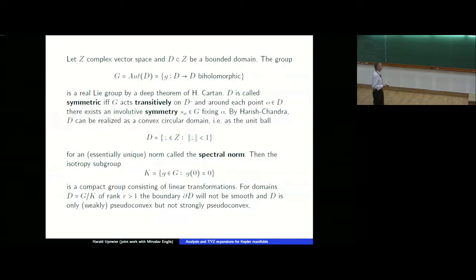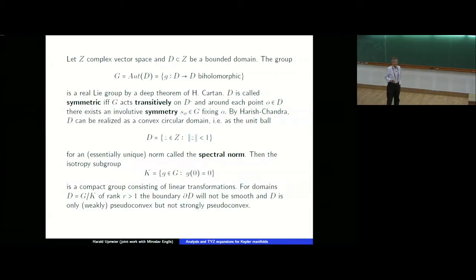Then there is a famous group associated with it, namely the biholomorphic automorphism group. So all holomorphic mappings from D to D which are bijective, and then one can show the inverse is automatically holomorphic by a deep theorem, not of Élie Cartan, but Henri Cartan.